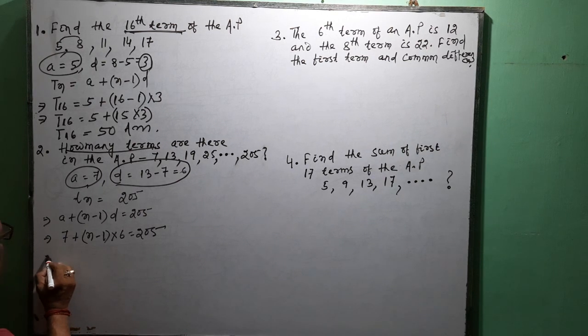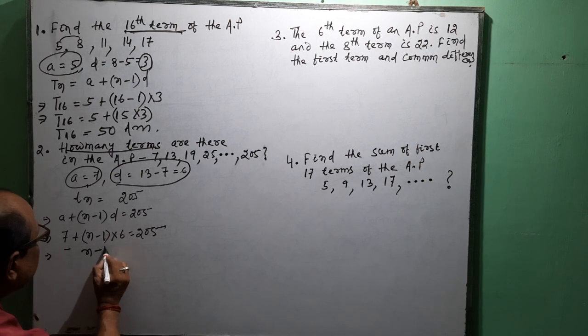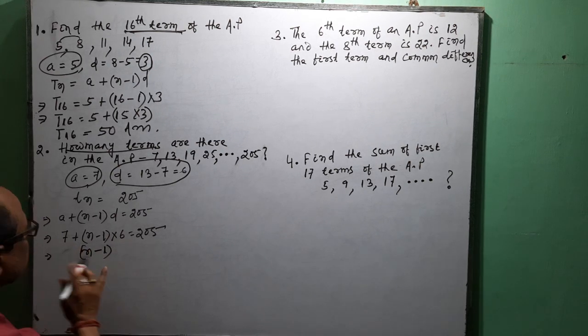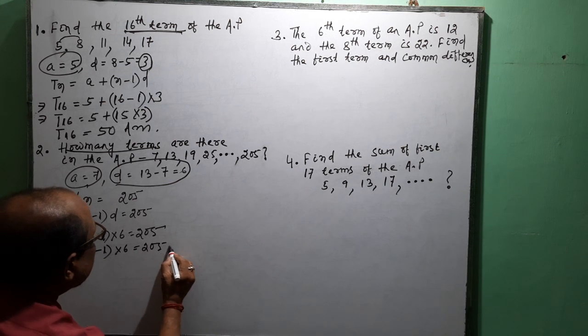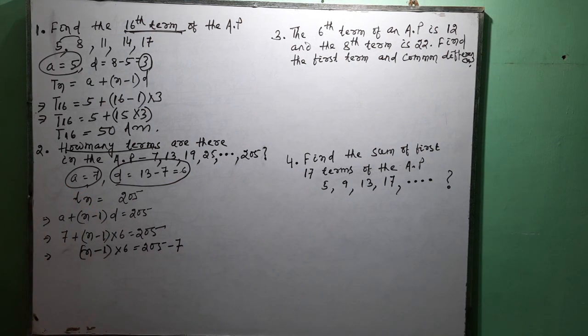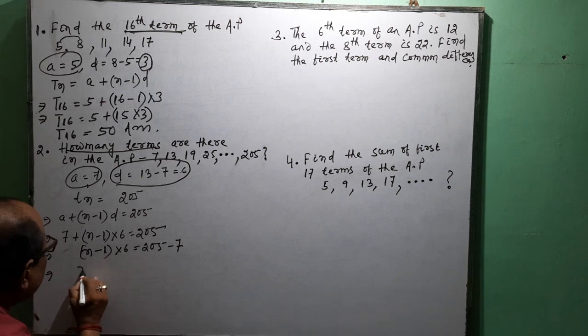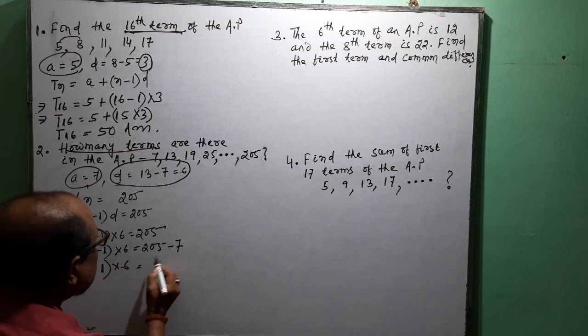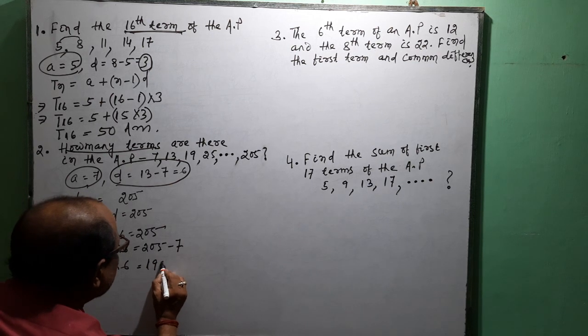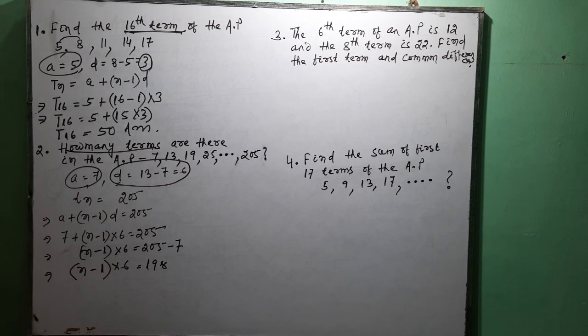This implies n minus 1 whole into 6 is equal to 205 minus 7, which is 198.